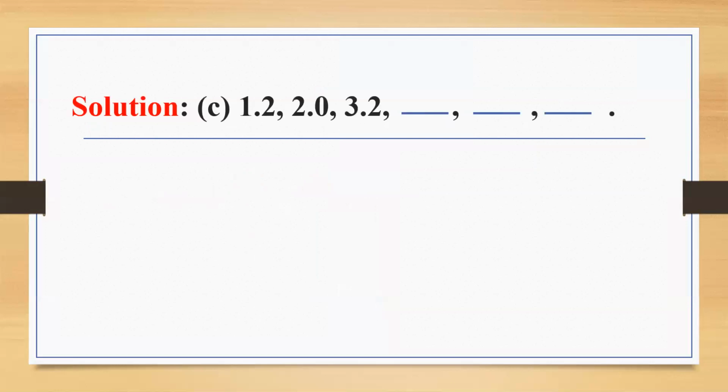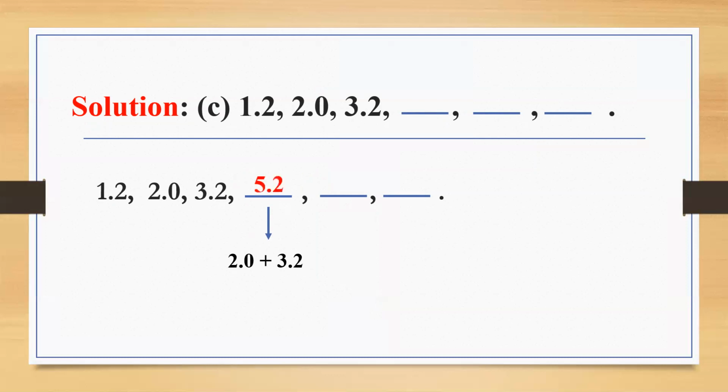Part C, 1.2, 2.0, 3.2. So again, I need to add the two previous terms to get the next one. So it will be 2.0 plus 3.2, that is 5.2. The next term will be 3.2 plus 5.2, which is 8.4. And finally, 5.2 plus 8.4, which is 13.6.